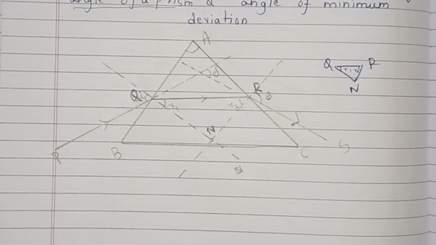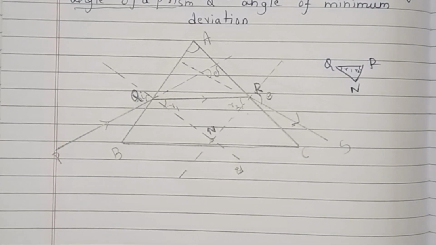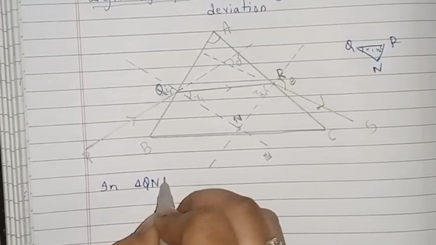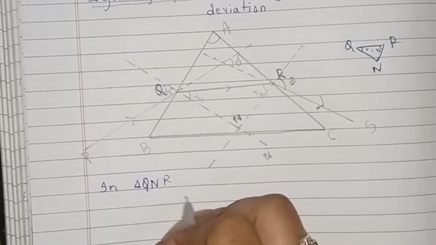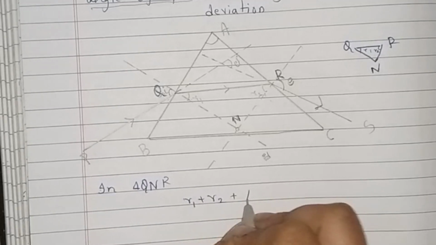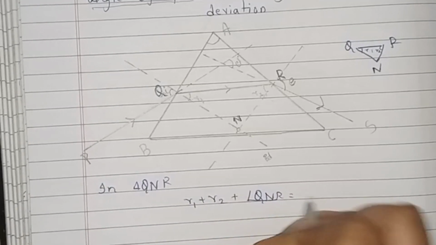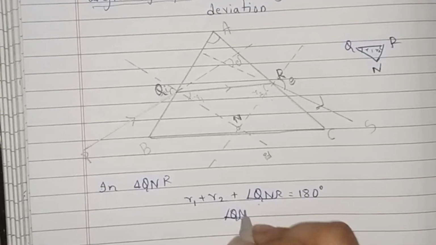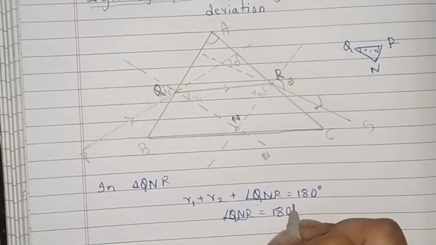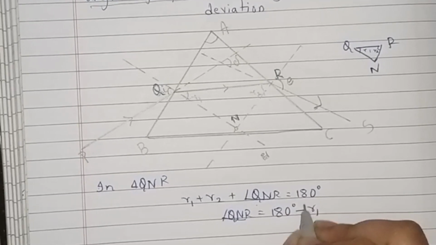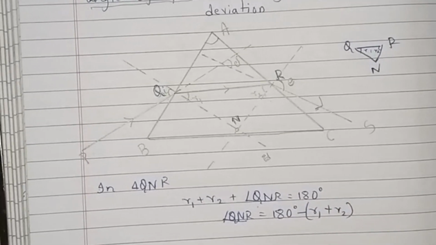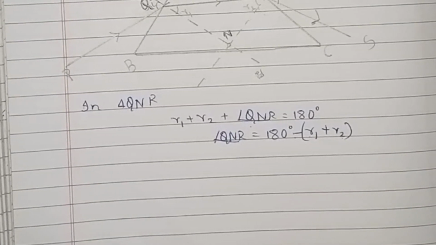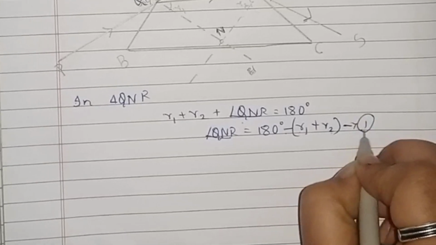We know the sum of the angles in a triangle is 180. So in triangle QNR, R1 plus R2 plus angle QNR is 180 degrees. We don't know QNR, just keep QNR on one side and the remaining on the other side. So it is 180 minus (R1 plus R2). This minus is for both R1 and R2. This is the first expression we have obtained.